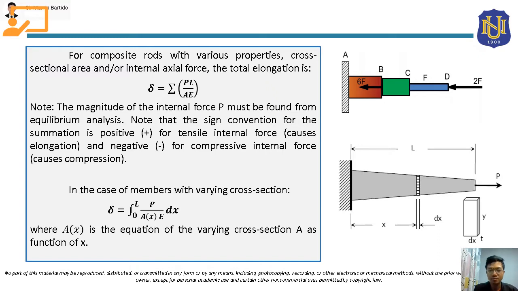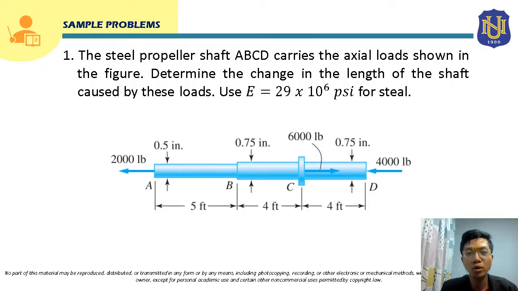For sample problem number 1, the steel propeller shaft ABCD carries the axial loads shown in the figure. Determine the change in the length of the shaft caused by these loads. Use modulus of elasticity equal to 29 times 10 raised to 6 psi for steel.